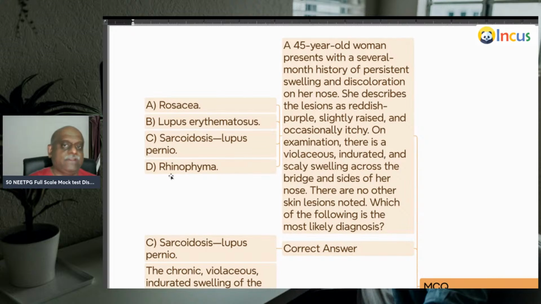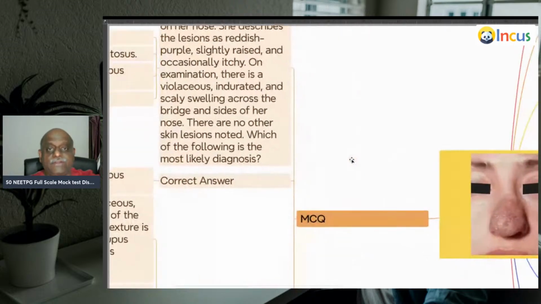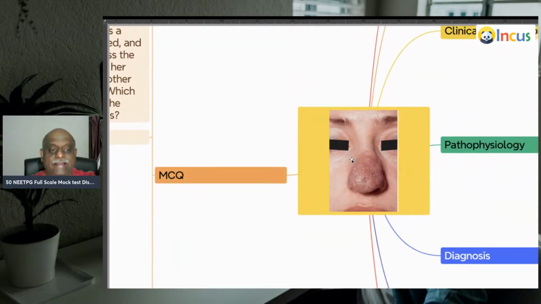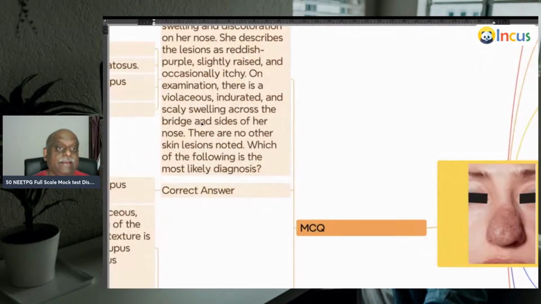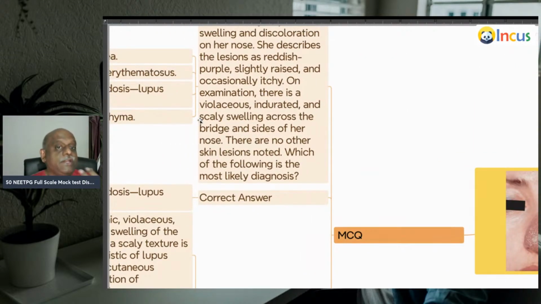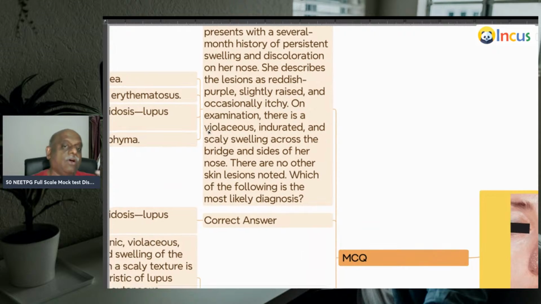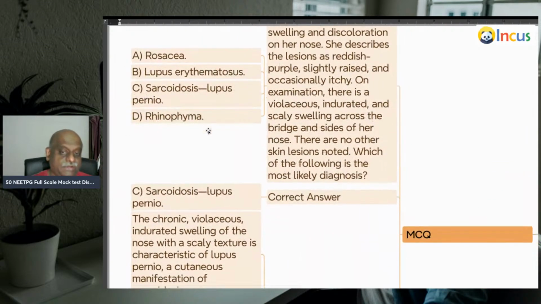A 45-year-old woman presents with several months' history of persistent swelling and discoloration of her nose. She described her lesions as reddish purple, slightly raised, itchy, and you can see the lesion on her nose. There is a violaceous, indurated, scaly swelling across the bridge and sides of her nose.